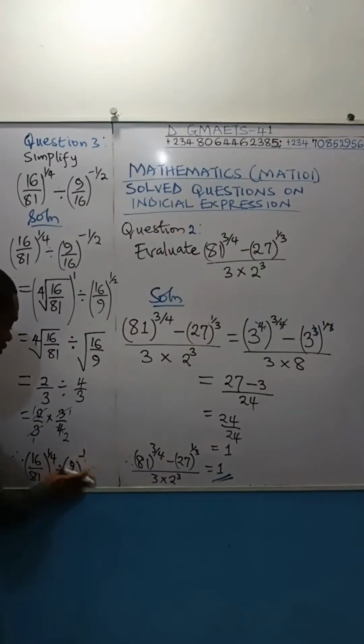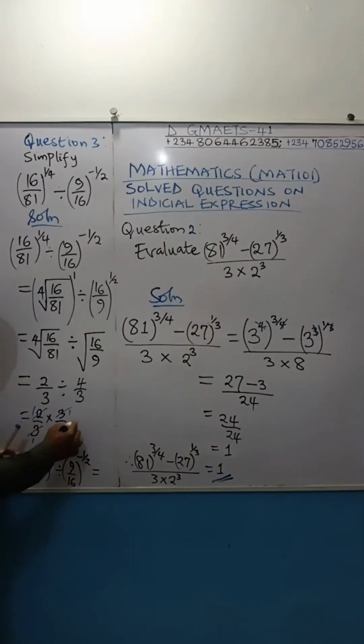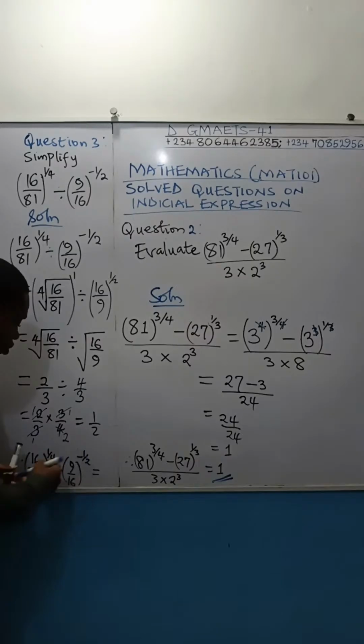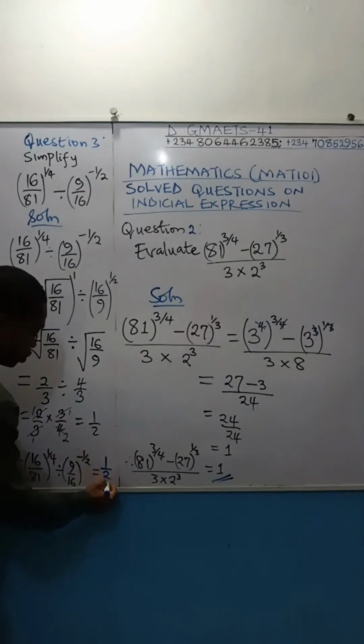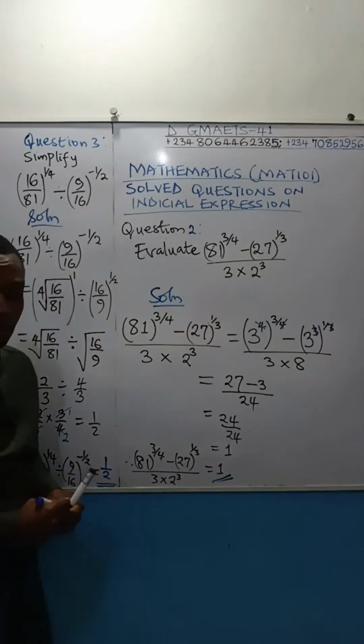Minus half, raised to the power of minus 1 over 2 is equal to, look at the final thing we have here, this is 1 over 2, because 1 times 1 will give you 1, 1 times 2 will give you 2. So this becomes 1 over 2 as your answer.